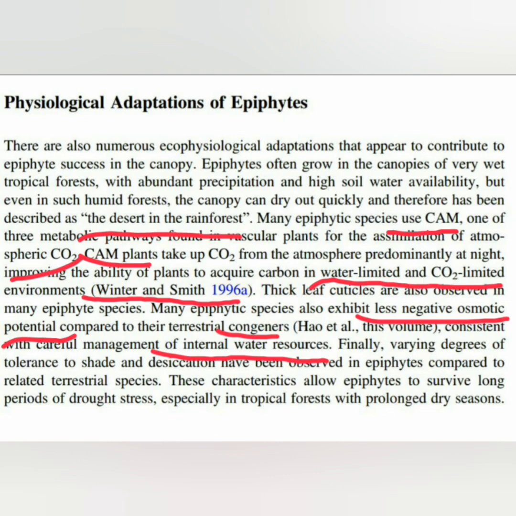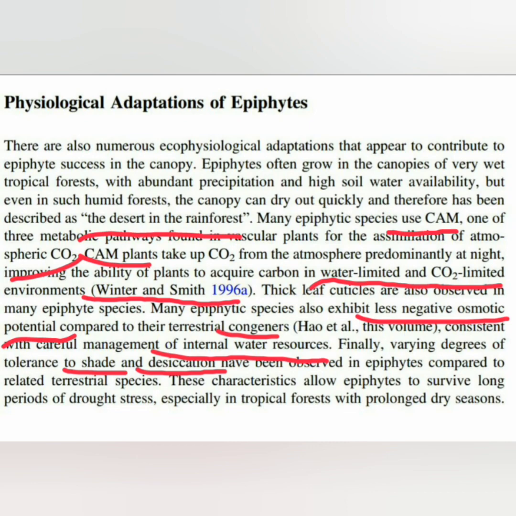And finally, varying degrees of tolerance to shade as well as desiccation. Here desiccation means the removal of moisture. They have varying degrees of tolerance; they can tolerate shade as well as desiccation.